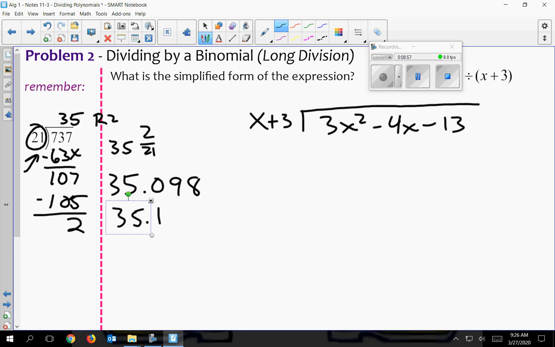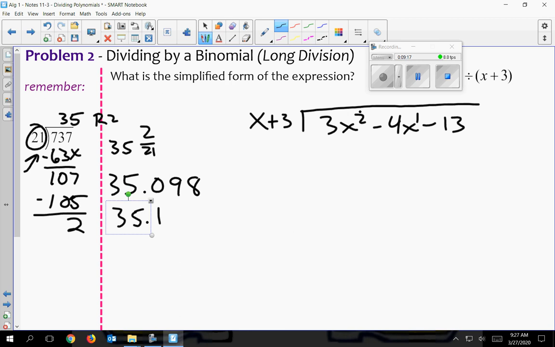So I'm going to go back to what I said a little bit at the beginning of this. I'm looking at my powers here, and the biggest power is 2, and I have a power of 1. I need to have it all the way down through 1, so I don't have to put in any placeholders here. Okay. So this is where you've got to write some notes here.